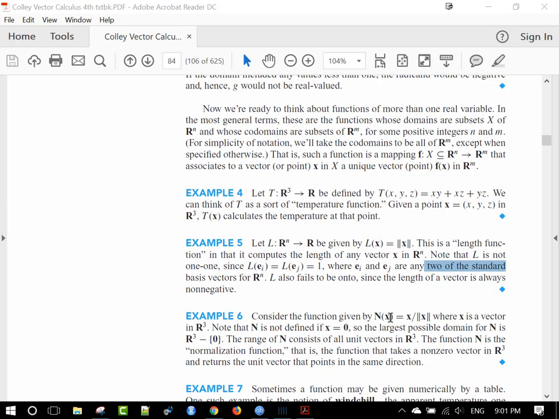Okay, now suppose we have a vector as an input, but notice this is bold, so the output must be a vector, not just a scalar, according to what I said about the notation. So is that true here? Remember, this normalizes the vector, this creates a unit vector.